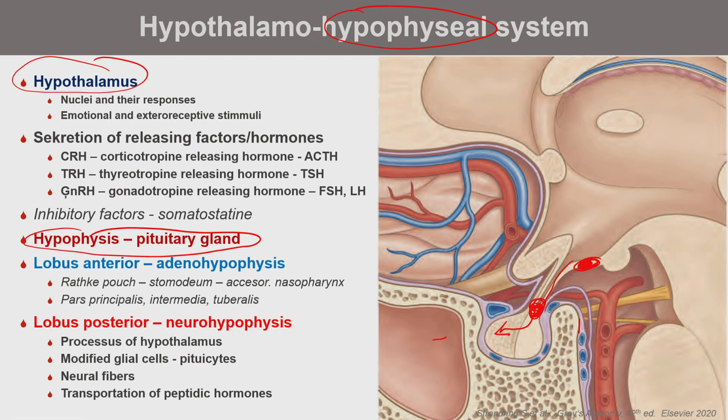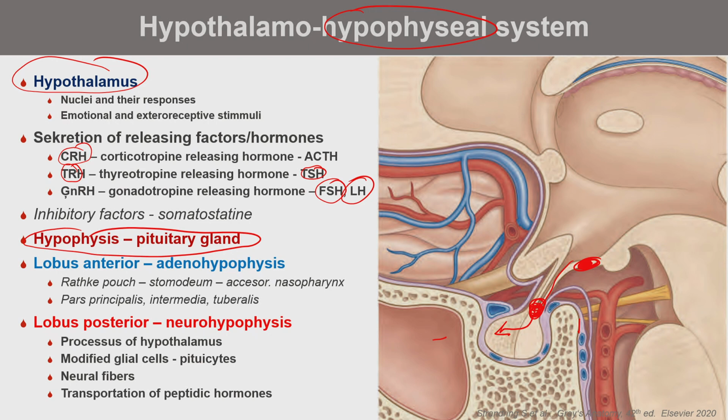And hypothalamus is forming corticotropin releasing hormone or factor, which is guiding the secretion of adrenocorticotropic hormone. Then very similar TRH, thyrotropin releasing hormone, and gonadotropin releasing hormones. They have very similar influence on TSH, FSH, and LH. So thyroid-stimulating hormone, then follicle-stimulating hormone, and luteinizing hormone.